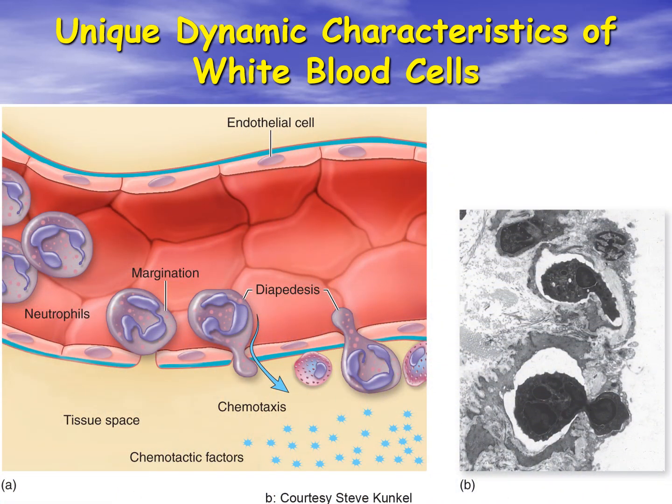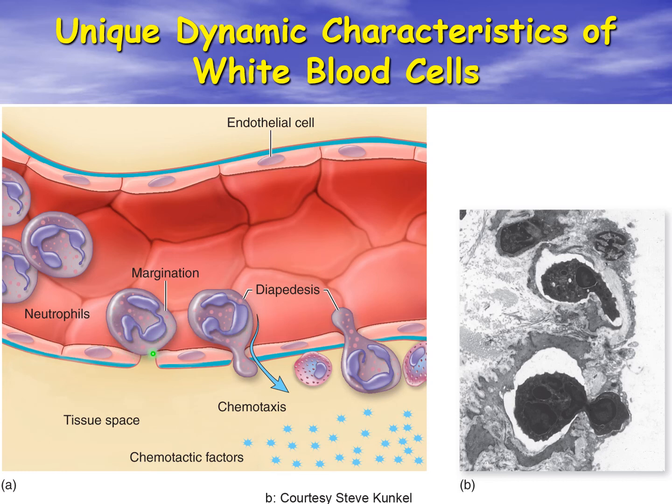So this is what happens. So we literally become kind of leaky. We still have the basement membrane intact, but we're going to get fluid coming out here in exudate. And what we'll see is as the blood vessel gets larger, blood flow slows down. And so these large nucleated cells, in comparison to the red cells anyway, will actually marginate. And so they kind of go to the edge of the blood column.